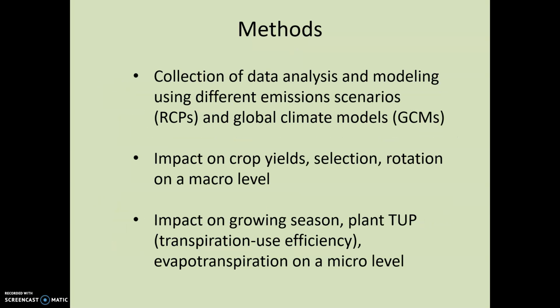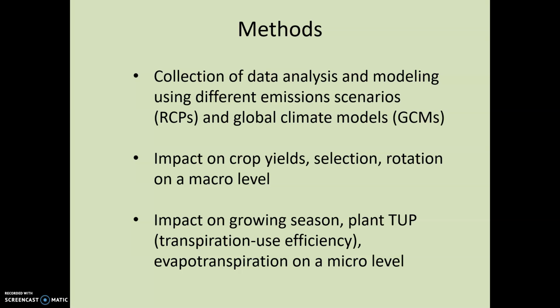For the methods, I looked at four basic modeling research projects using different emission scenarios and global climate models, or general circulation models, sorry. Like I mentioned earlier, I looked at impact on crop yields, selection, and rotation on a macro level, so looking at the big picture.